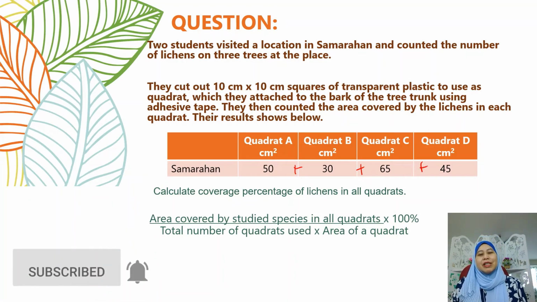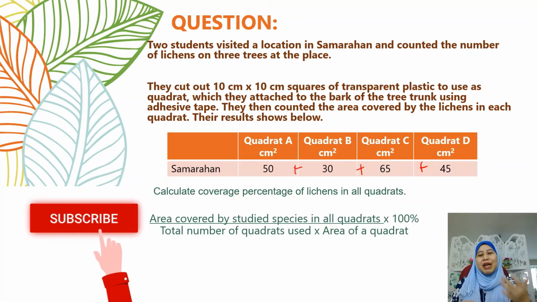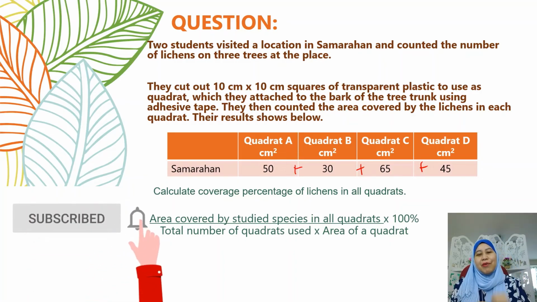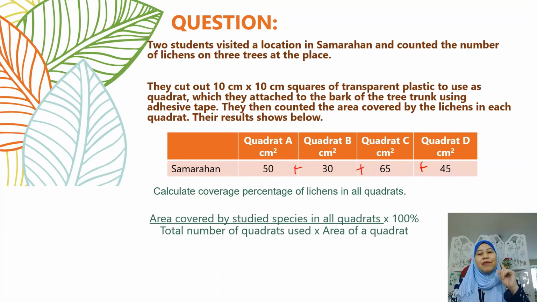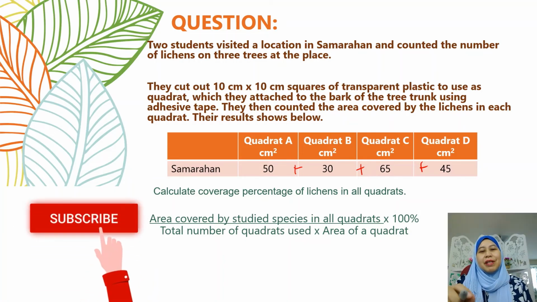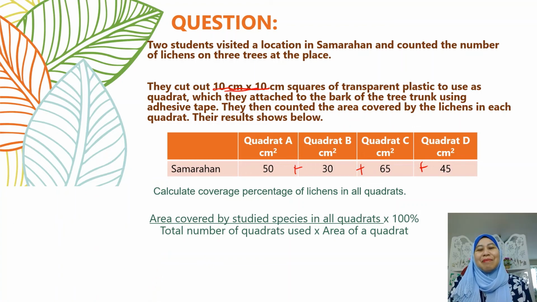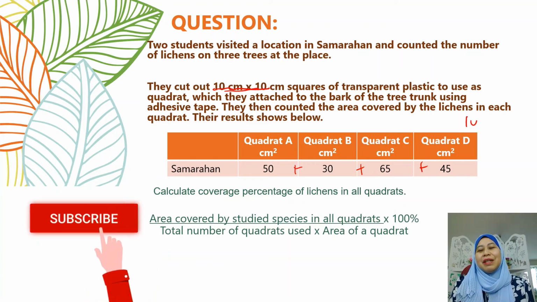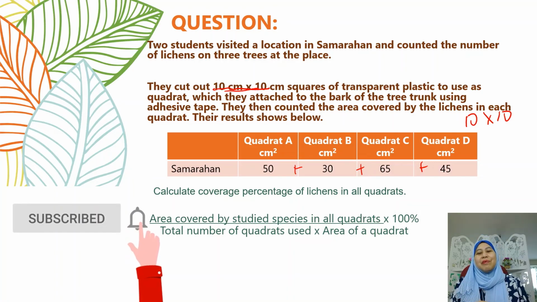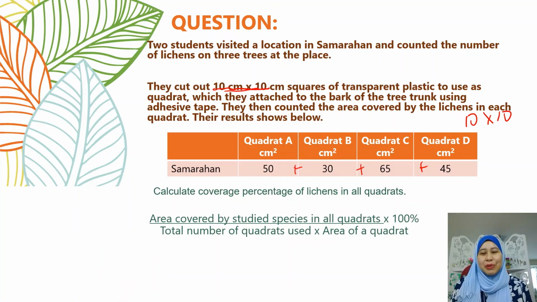Divided with the total number of quadrats used, how many quadrats we have? A, B, C, D, 4 quadrats. Times area of a quadrat. Area of a quadrat, just now I mentioned in the question, 10 times 10, meaning it is 100 centimeter square.